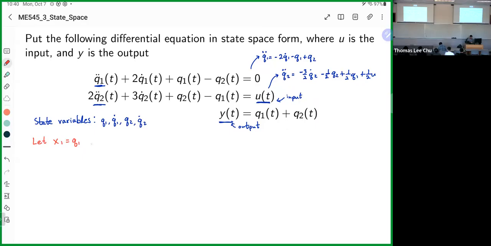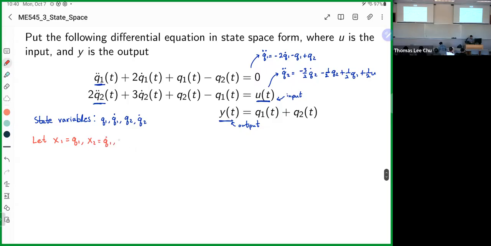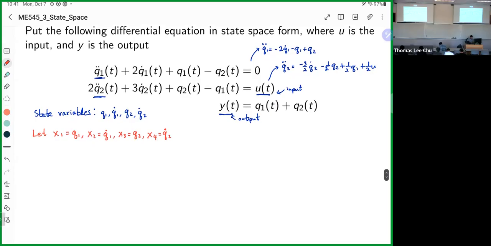Then I want x2 to be equal to Q1 dot, x3 equal to Q2, and x4 equal to Q2 dot. So with this relationship, we can see that x1 dot is equal to x2, and that x3 dot is equal to x4.